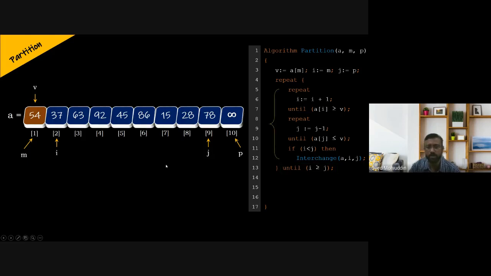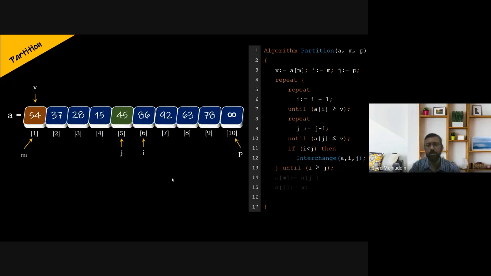So these two repeat statements will move I and j subsequently till I crosses j. This is the working we have seen just now. And once I crosses j, the repeat until loop, or do-while loop in programming languages, stops.